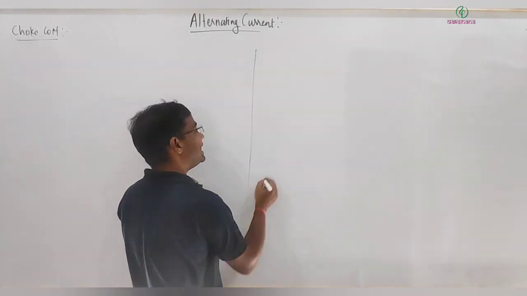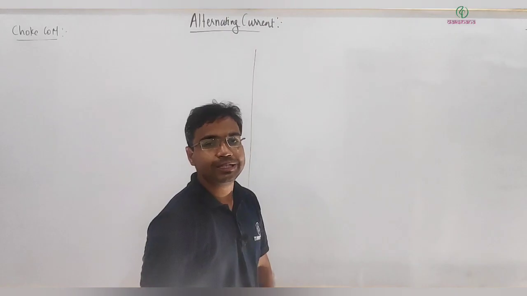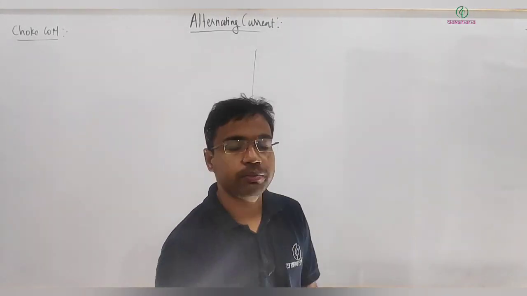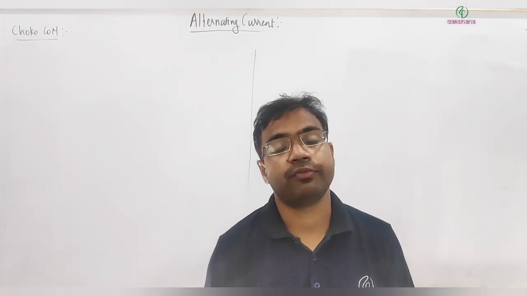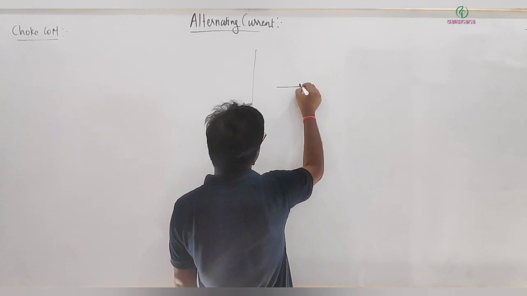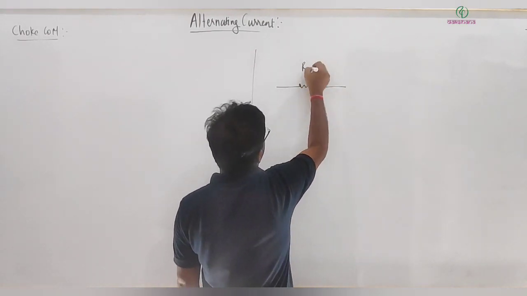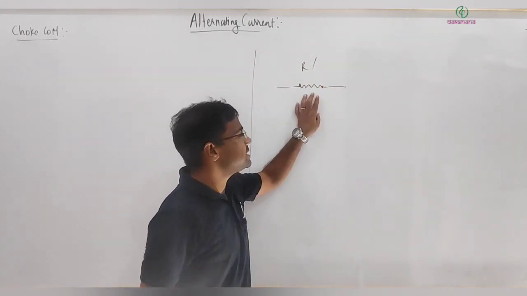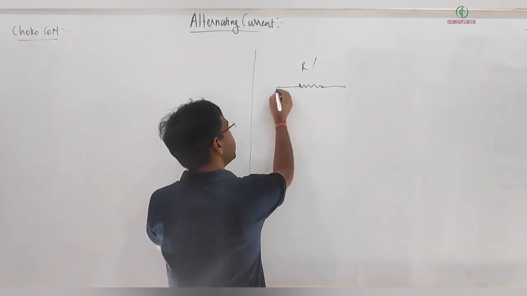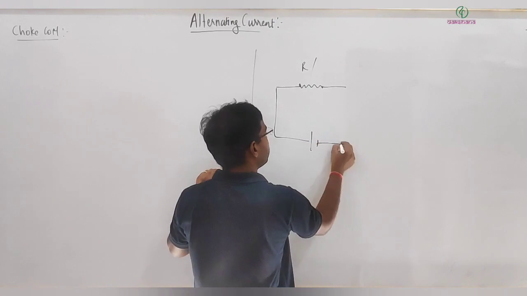Okay, so let's say in a normal DC circuit, you must have seen we have some bulb, fan, whatever it is, with some resistance R. I can take one bulb having some resistance, connected across some voltage.